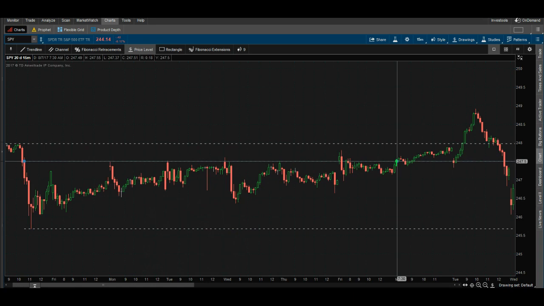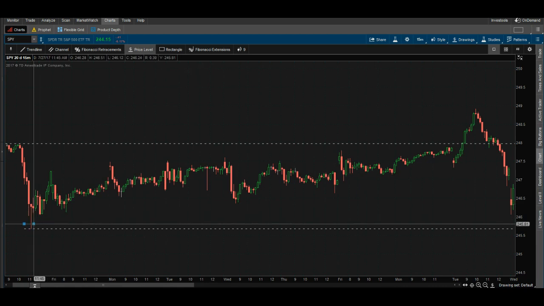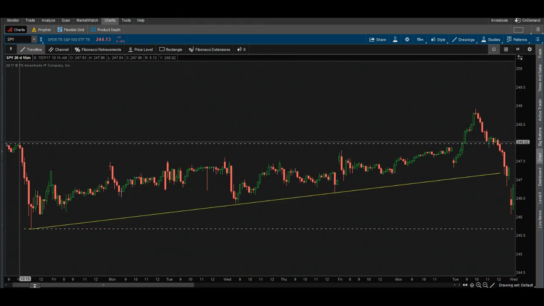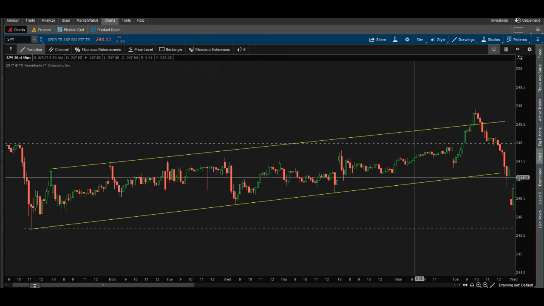Now, here's one of the problems with this channel that's actually happening right now that I personally don't like, is it's more of an upward trend, right? If we actually just drew a trend line like this, if anything, this is more of a potential rising channel, okay?